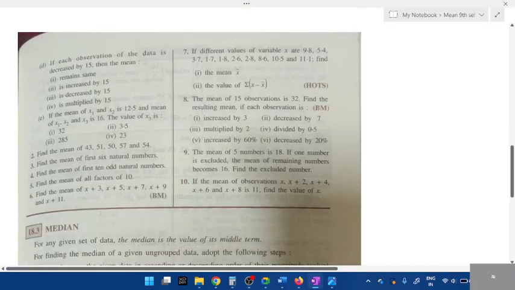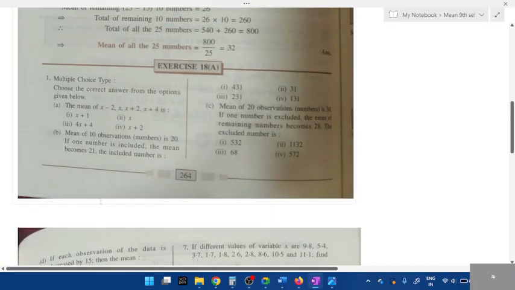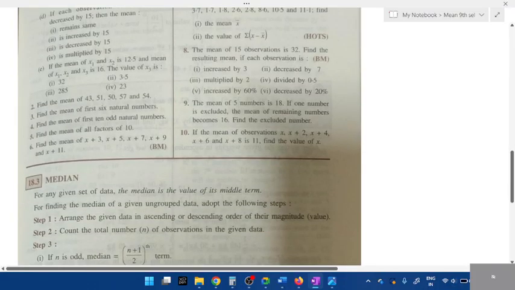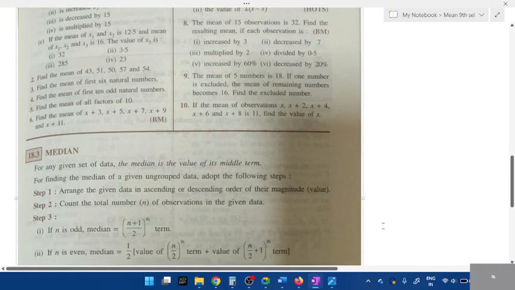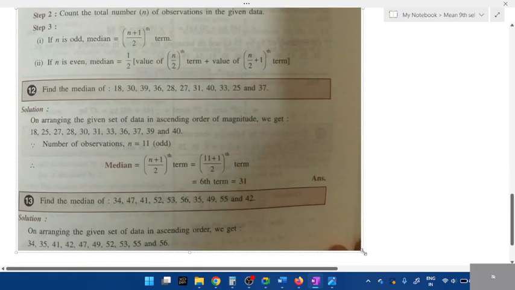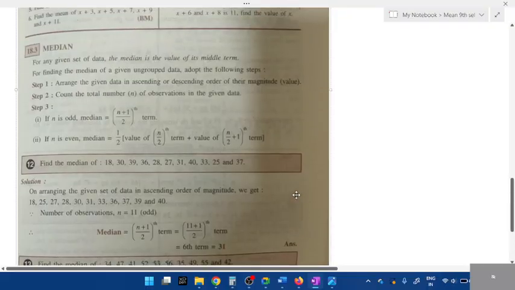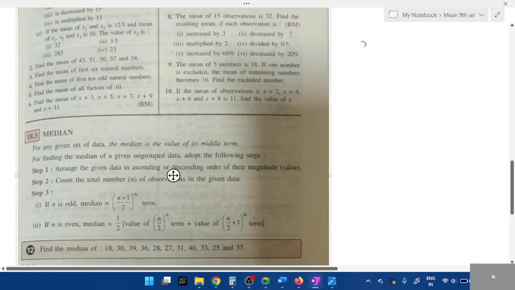Okay, look at the first one. What's the second question, students? What is given? Find the mean of 43, 51, 50, 57, and 54.